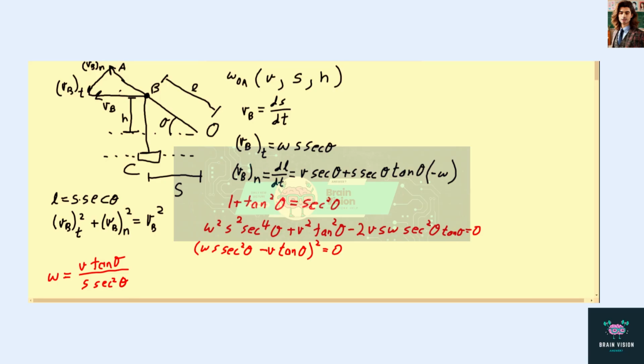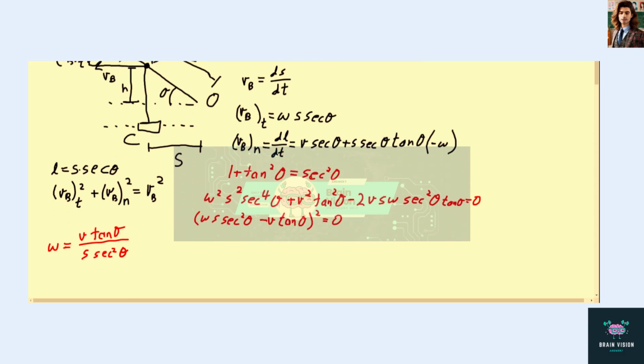But we're not quite done yet. We can use some of what we know from that original drawing, that the tangent of theta, so let me write this in a different color so we don't get mixed up. So tangent of theta will equal H divided by S, and then the secant squared of theta will equal 1 plus H squared divided by S squared, which will allow us a little bit more simplification here.